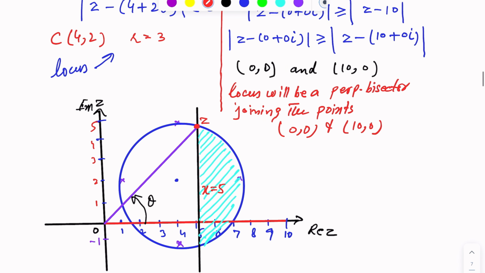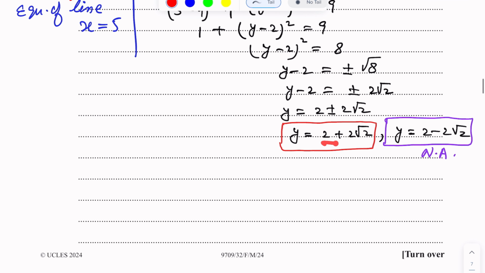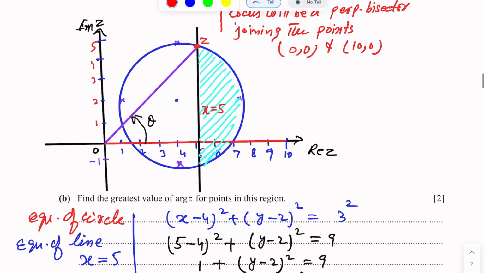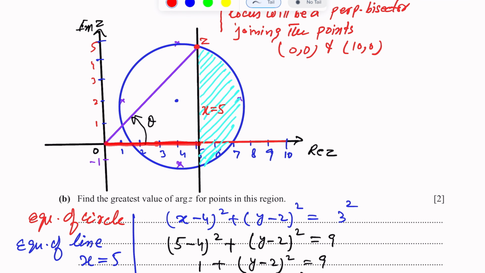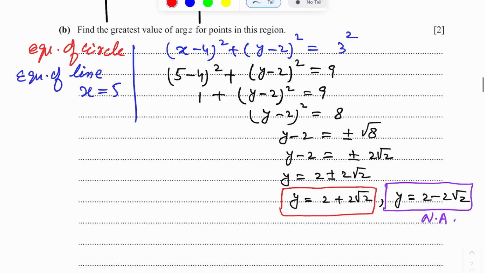This means that this length of line is 2 plus 2 under root 2, and this line is of length 5. So this is perpendicular, this is base, so we can find tan theta.